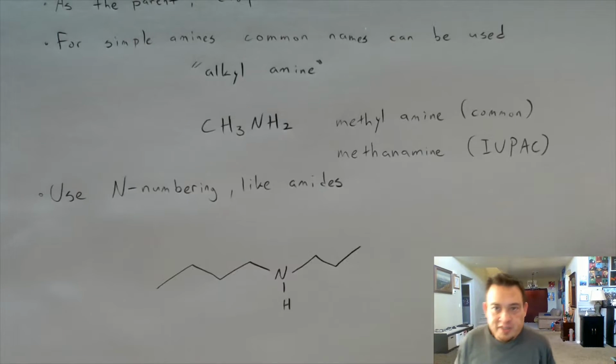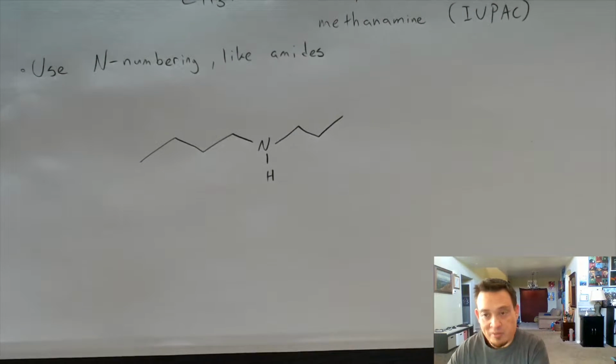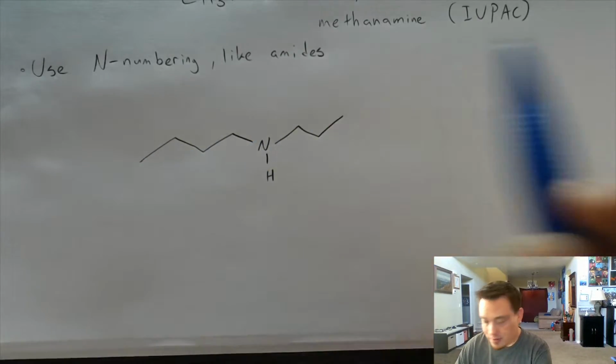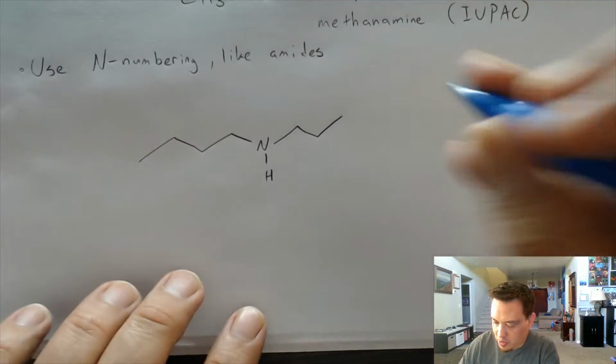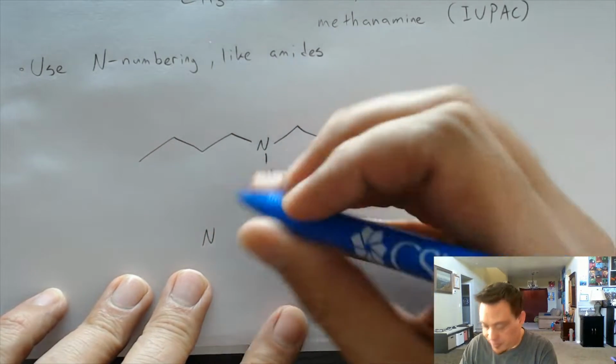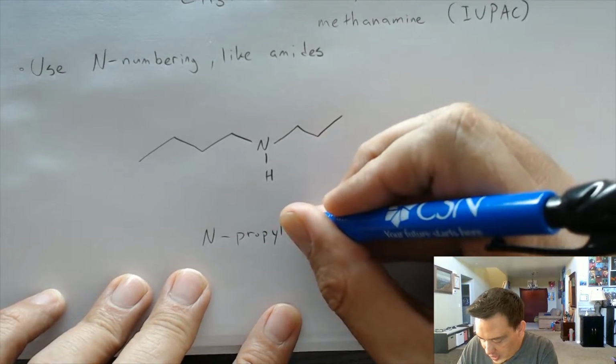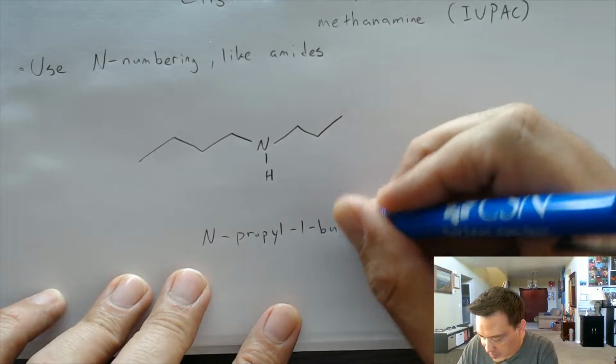Okay, so for this particular amine, the main thing you need to do is start by recognizing what the parent is. Just like before, the longest continuous chain is the parent. So this is a butanamine. So putting everything together here, we have a propyl group at the N position. N-propyl, and then 1-butanamine.